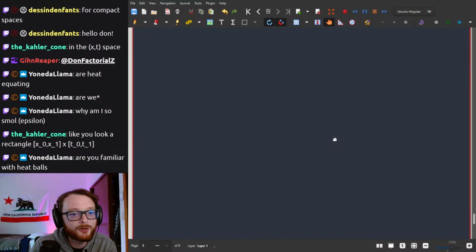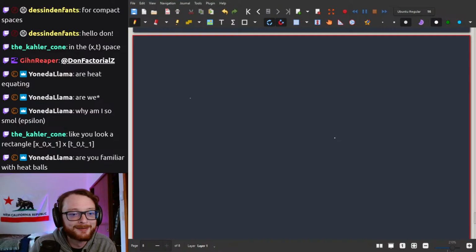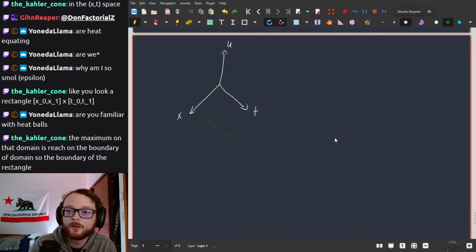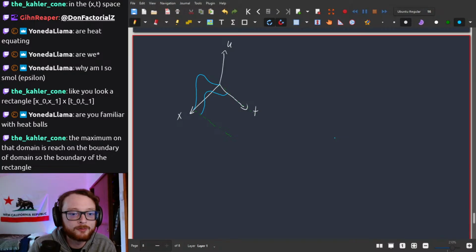Heat balls? No, I'm not. Okay, so if I start with a Gaussian bump, it's going to get smaller and smaller as time goes on.